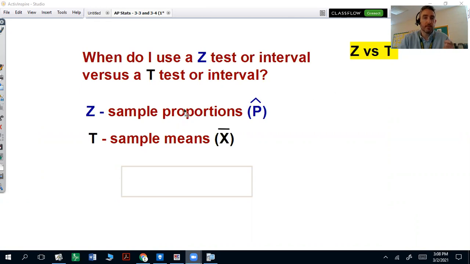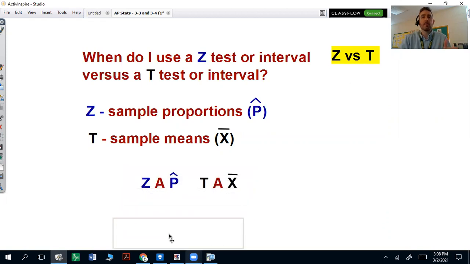So just remember that if it's a Z test, you're always going to be using sample proportions. If it's a t-test, you're always going to be using sample means, Z versus T. And to help remember that, I've seen this come around before: ZAP TAX. So if you think of ZAP TAX, ZP, TX, the X for the sample mean, P for the sample proportion, that might help you remember it, because nobody wants to pay taxes, right? So ZAP TAX.